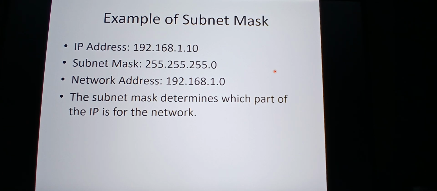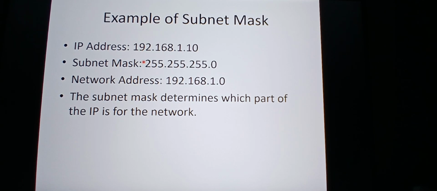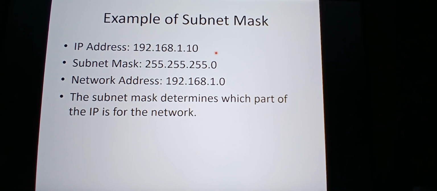Digging into a more detailed description of the example. Basically, we have to perform a binary AND in order to get the subnet address, the binary AND operation between these two addresses. In order to do that, we first have to convert every decimal. As you can see, these addresses are given in decimal format, so we have to convert them into binary form.